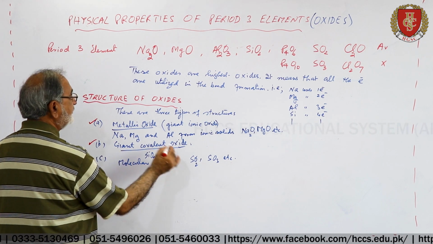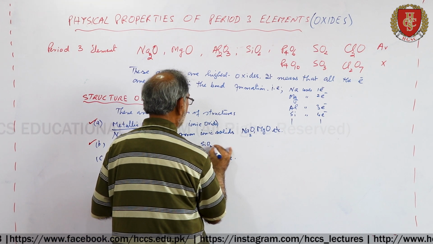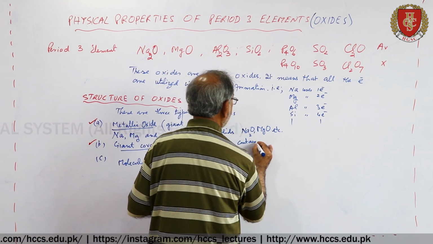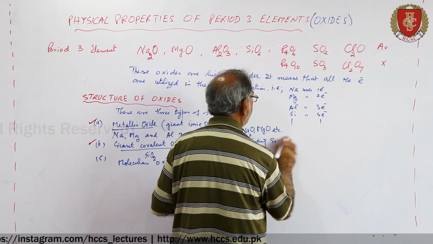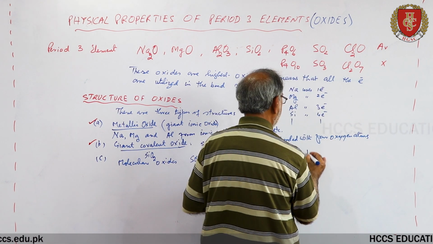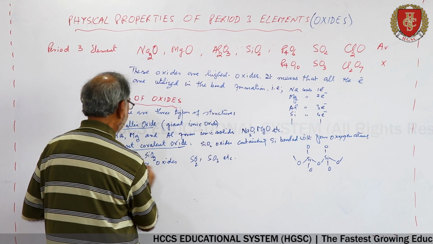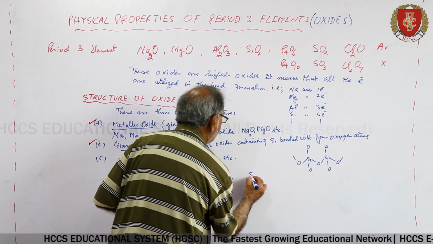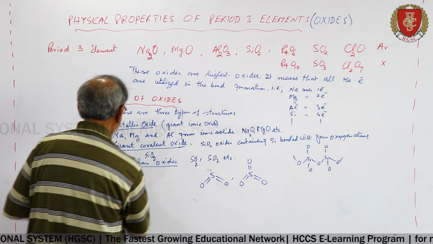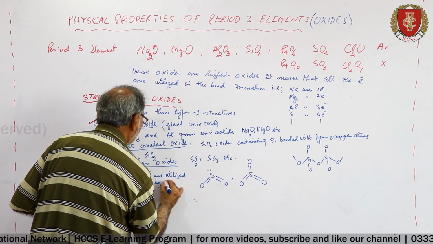Number 2, the giant covalent like SiO2, an oxide containing silicon bonded with 4 oxygen atoms like this. Whereas in case of molecular oxides like sulfur dioxide and sulfur trioxide, in sulfur dioxide 4 electrons are utilized by the sulfur atom.